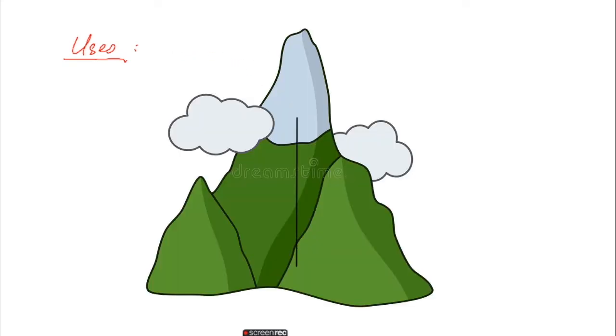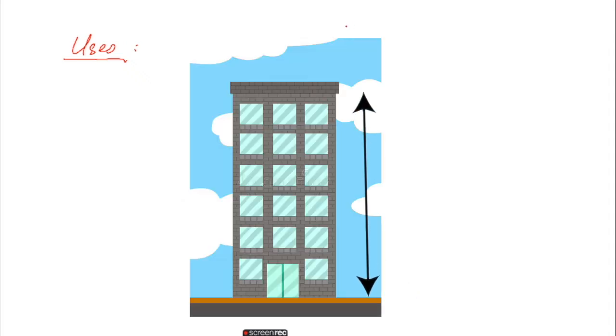So let me just tell you some uses of this trigonometry. Trigonometry is very useful in many fields. For example, if you want to find the height of a mountain, or the height of a very tall building, or a tower. There is a tower. You are standing here on the ground.